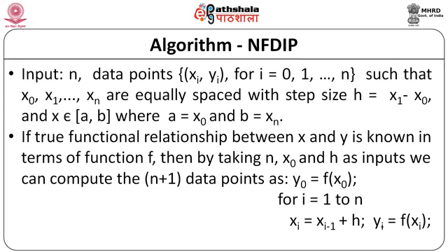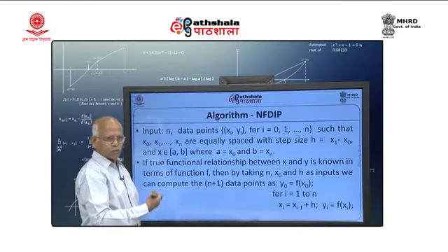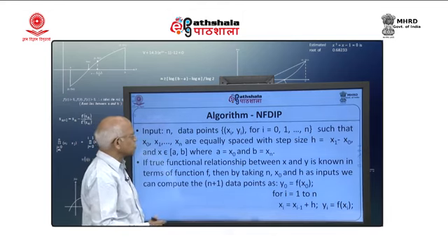As usual, when we are talking about an algorithm, we talk about what the inputs to the algorithm are, what the output of the algorithm is, and then the iterative steps. So, input to this algorithm will be data points x i, y i for i equal to 1 up to n, and we ensure that these data points are equally spaced, because these formulas are applied only for equally spaced nodes.